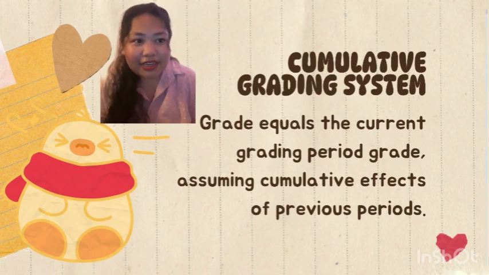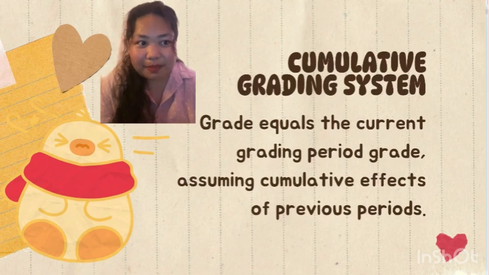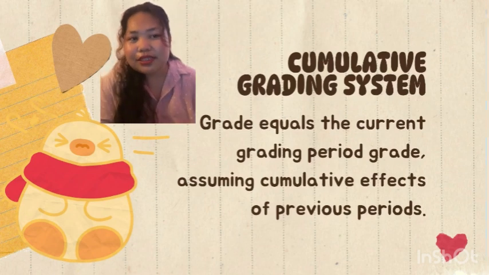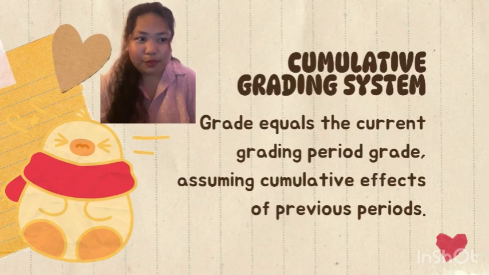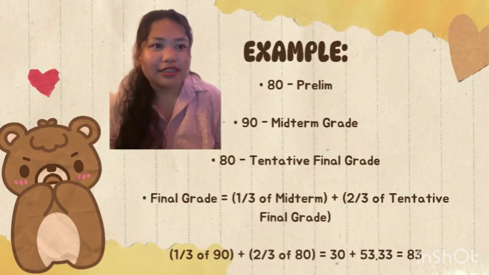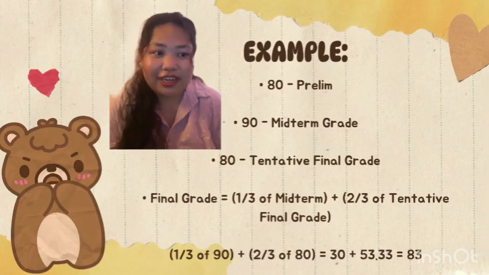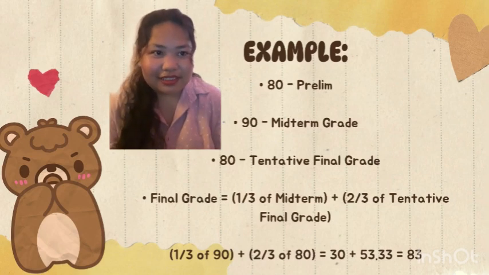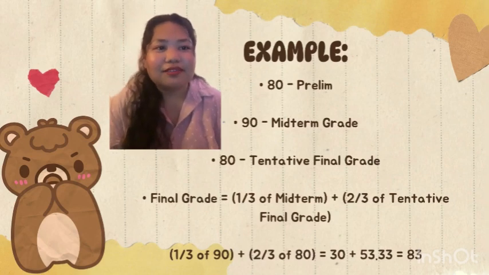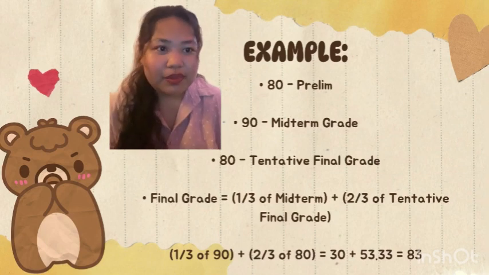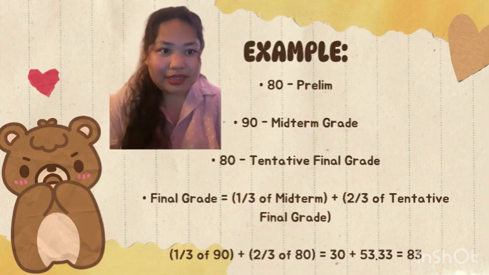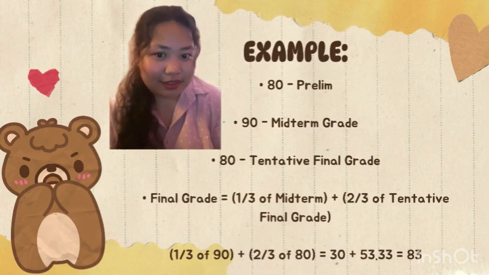Grade equals the current grading period grade, assuming cumulative effects of previous periods. To understand it better, this is how you would calculate your grade using the cumulative grading system. We have the grade of 80 for our prelim, 90 for midterm, and 80 for our tentative final grade.